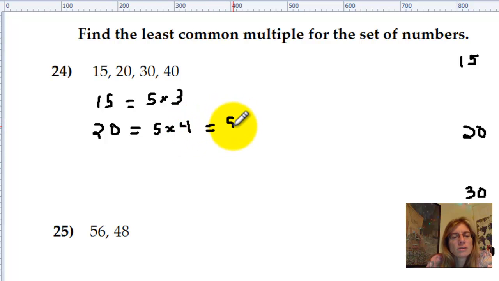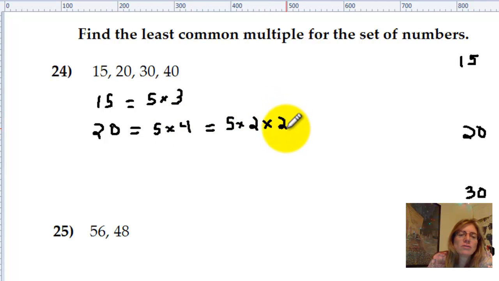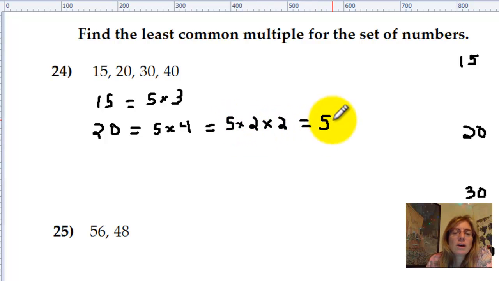I'm going to break the 4 apart into 2 times 2. And so now you have the prime factorization of 20: 5 times 2 times 2, because you have all prime numbers left. And to save space and to do this process correctly, we're going to write 5 times 2 squared. We should write all of our duplicating numbers as an exponent.